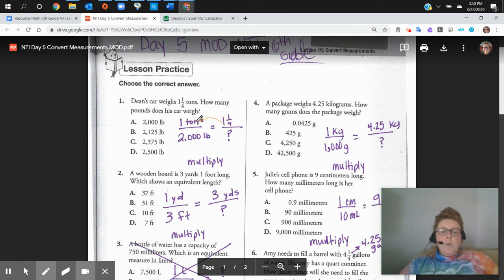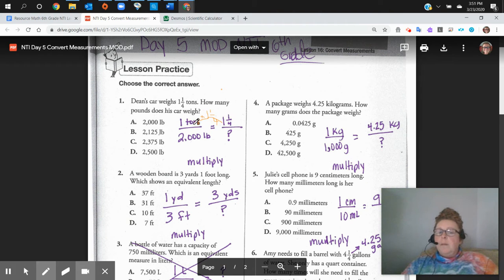So, of course, 1 times 1 1/4 equals 1 1/4. That's easy. So to get my top number, I multiplied by 1 1/4. This is super hard to write, but you get the idea. Now, think a second.